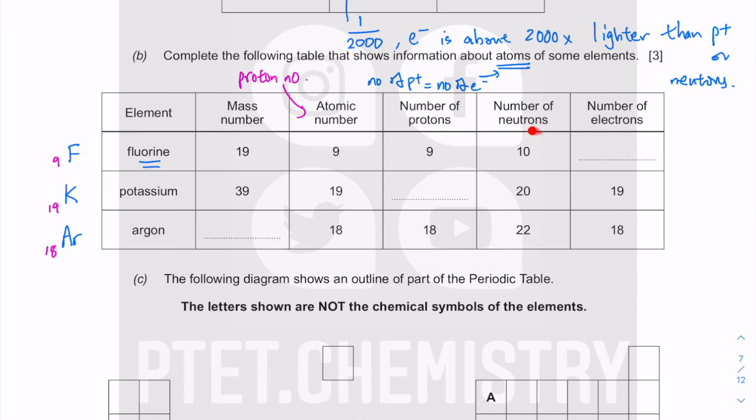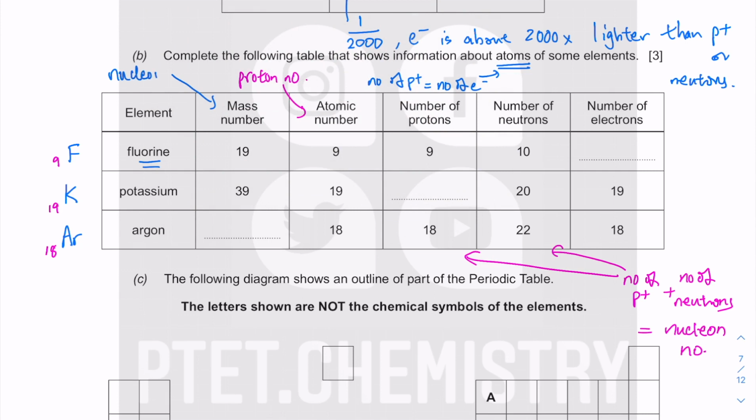These are the numbers of neutrons, and you know that the number of protons plus the number of neutrons equals the nucleon number. Nucleon number is also known as the mass number, which is the number you put on top there. So to work out the nucleon number, you add protons and neutrons together. 9 plus 10 equals 19.